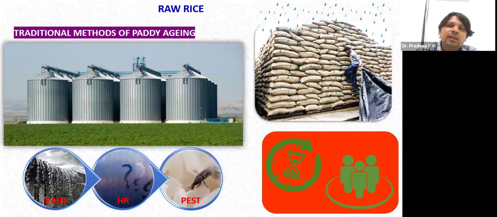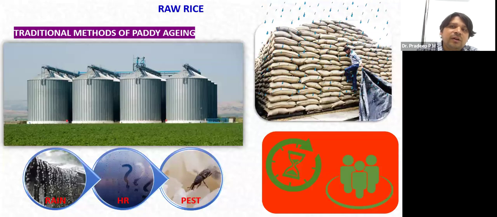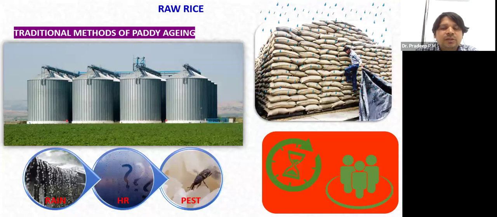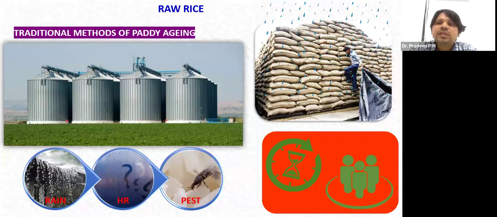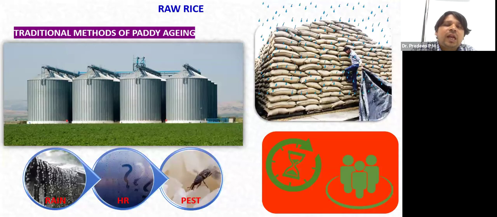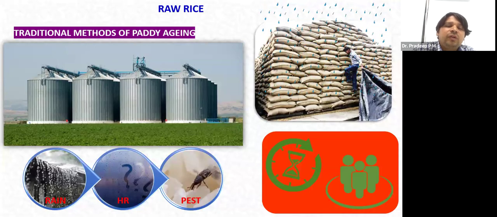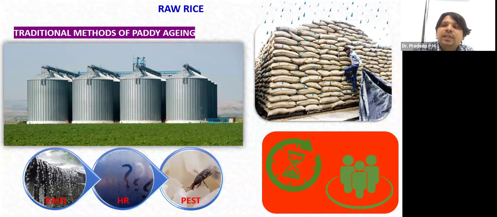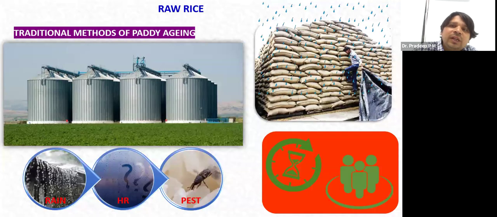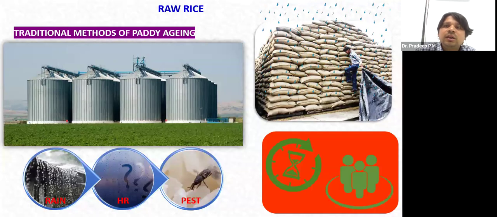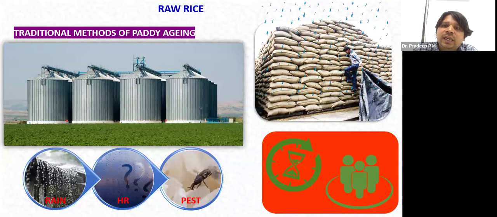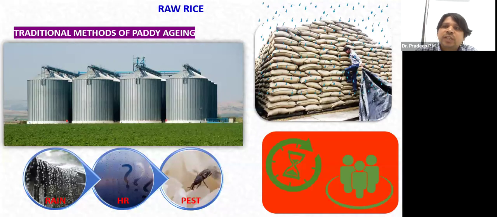And if you take the challenges when it is kept outside, we have to invest on the labor and there is a lot of time involved. Yeah, if we can imagine 6 months to 1 year, we have to keep the paddy in a definite place. So without infestation or without the environmental factors getting in, that will be more challenging.